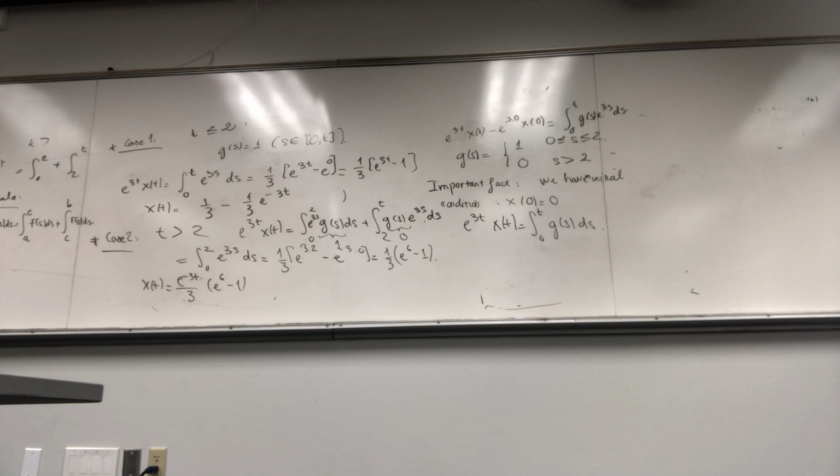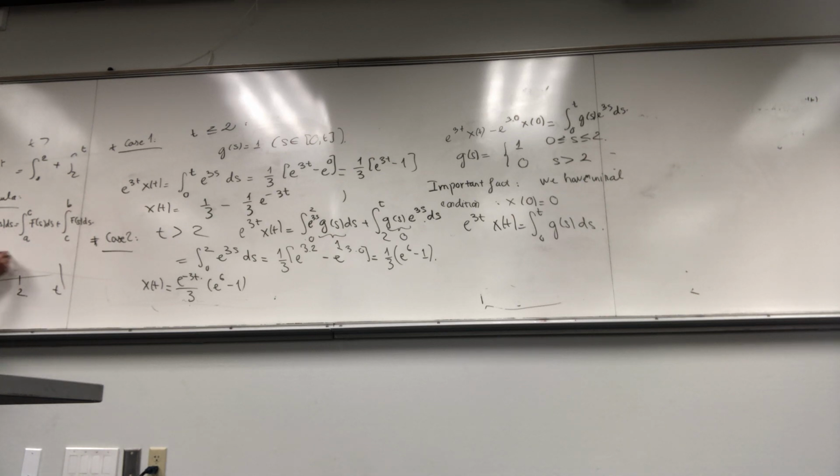If we're saying t is greater than 2, why do we consider the part from 0 to 2? So when t is bigger than 2, here you have 0 to t, and this is the number 2, right?